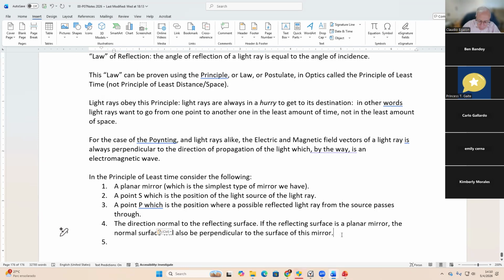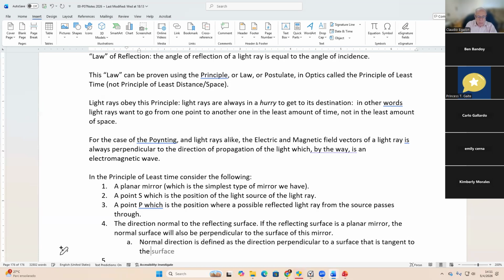And, actually, let me define it. The normal direction is defined as the direction perpendicular to a surface that is tangent to the reflecting surface.